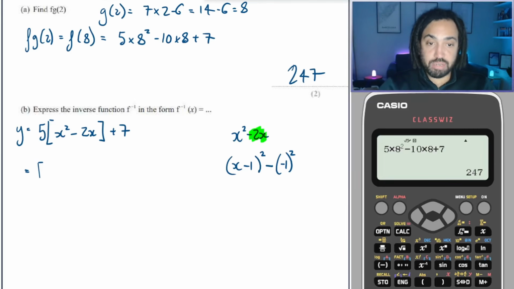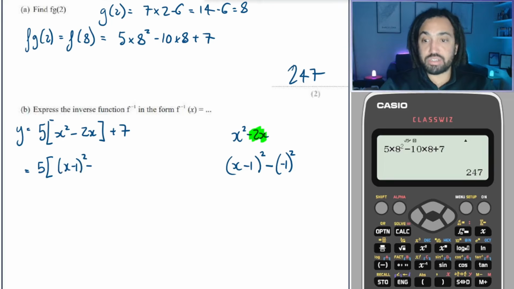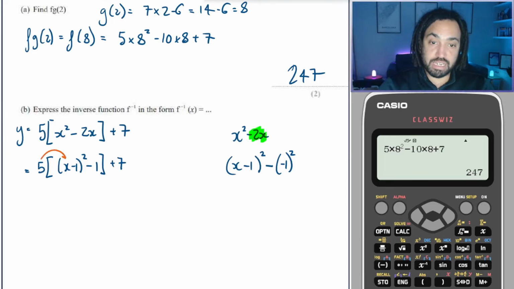So inside this square bracket, I'm going to get x minus 1 all squared minus 1 squared, which is just 1, so minus 1, plus 7, which is outside the bracket. Then I'm going to times this 5 by this bracket, and also by minus 1.